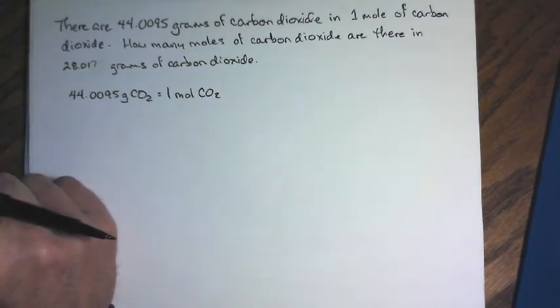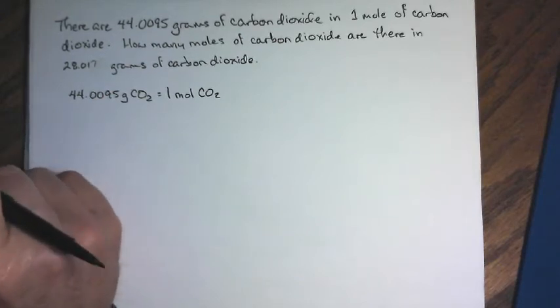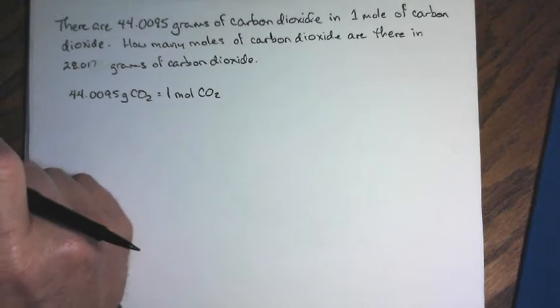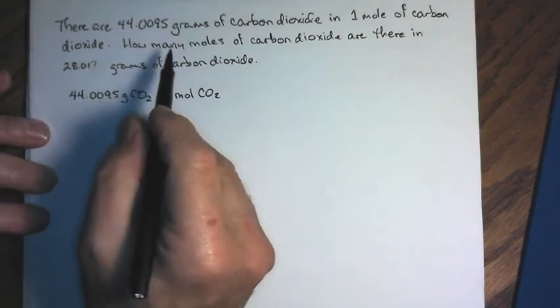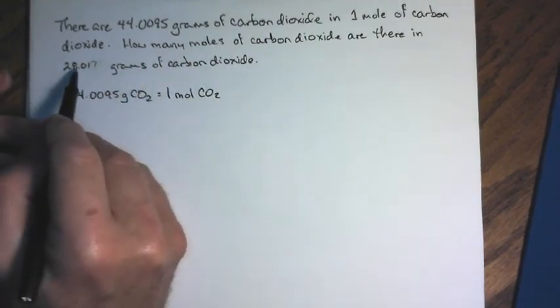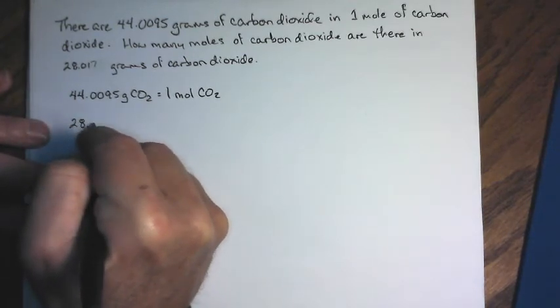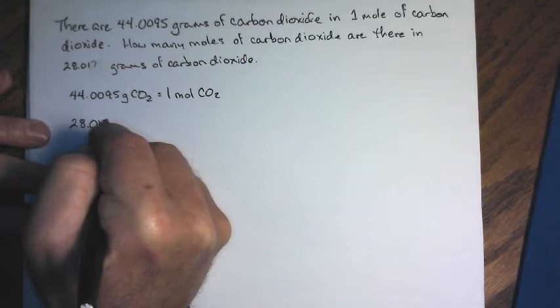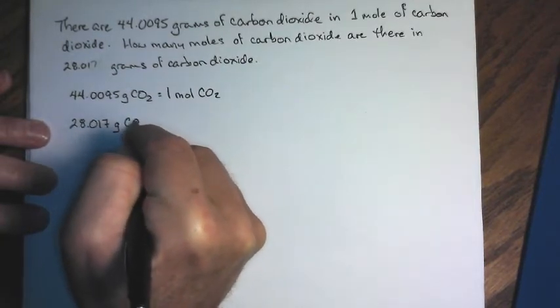Okay? Because I want you to be clear about what an equality statement is, where it comes from, and what it's used for, so that in the future, when you have to do conversions, you have more skills, more knowledge to be able to use those in new and unusual ways. Okay? Well, if we're going to make this conversion, then we take this 28.017 grams, and for almost all the math we're going to do in here, we're going to start with this given amount over 1 gram of carbon dioxide.